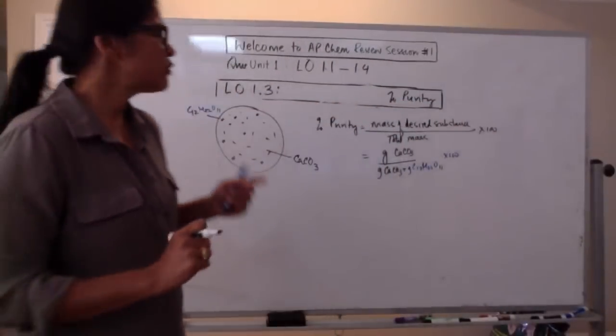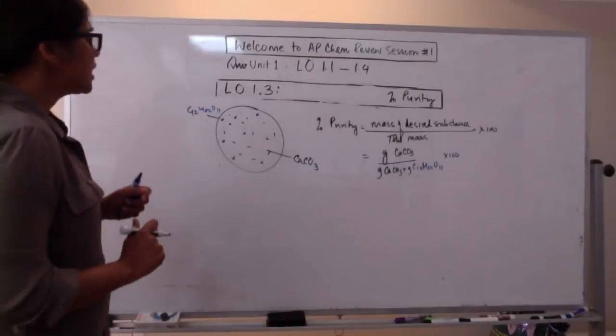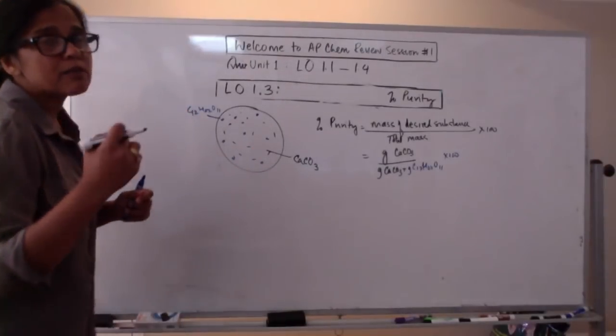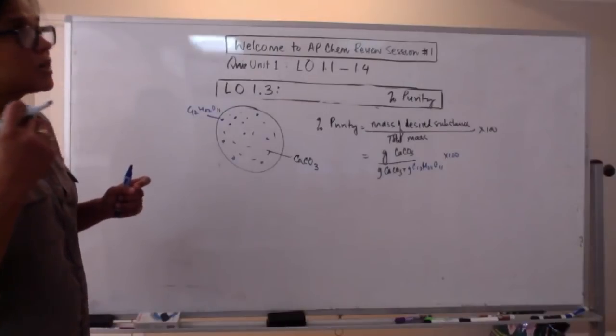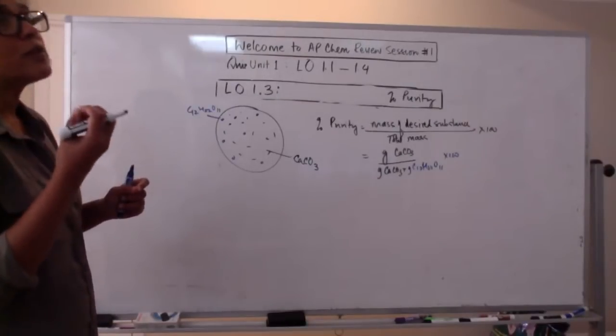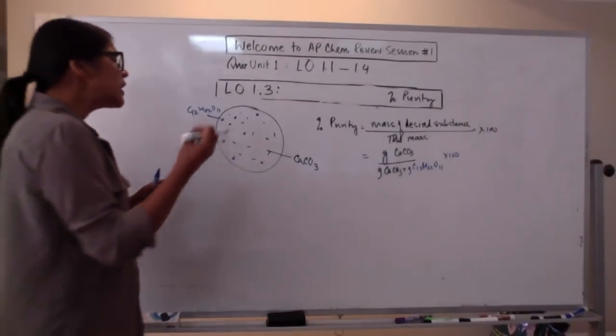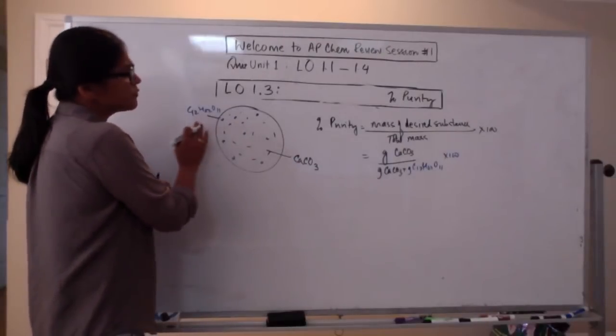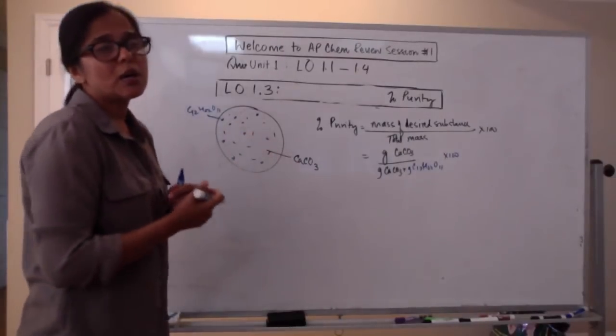Oftentimes, the problem you will get on percent purity will give you an amount of a substance that can only be generated from one of these 2 or 3 components.